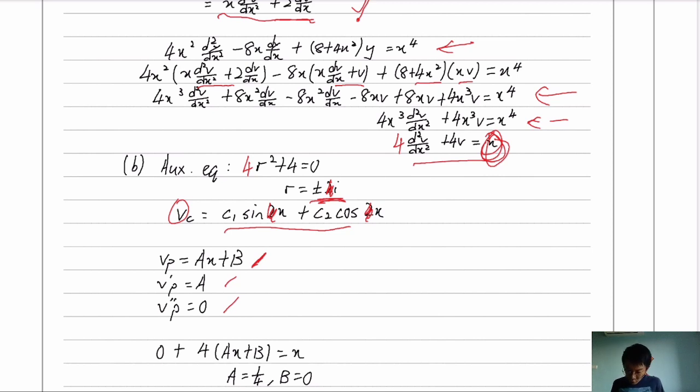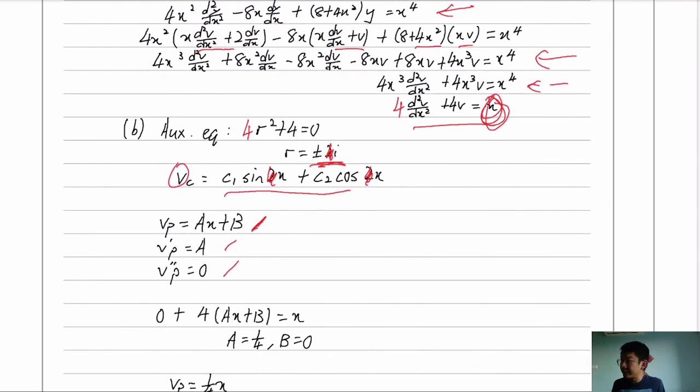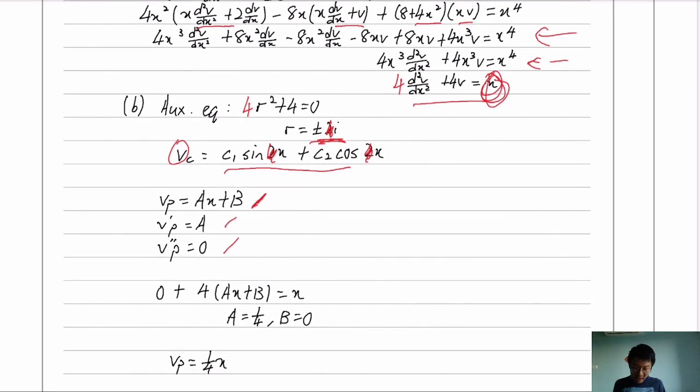For that, we will proceed with the yp. yp is still like this. Then if we substitute all these yp into the equation, we should be able to get the values for a and b.